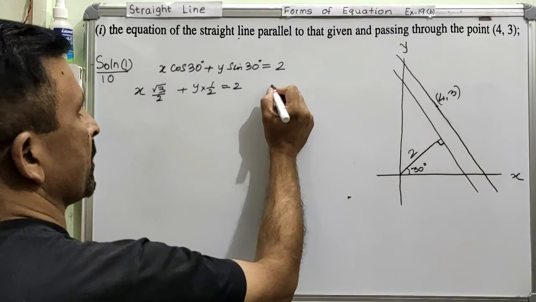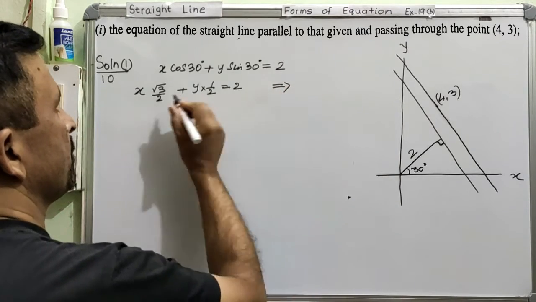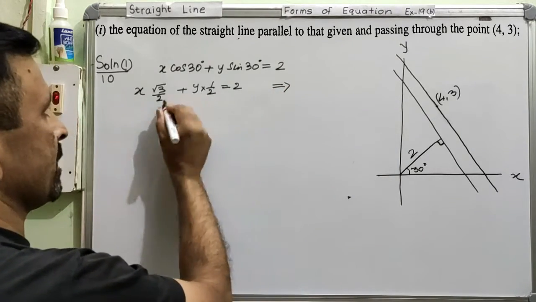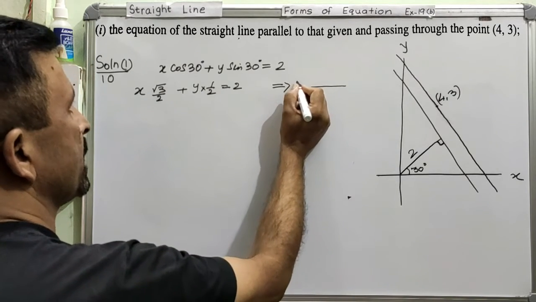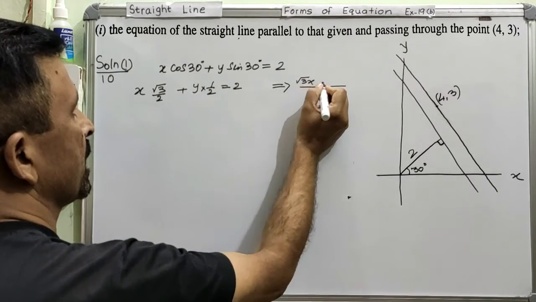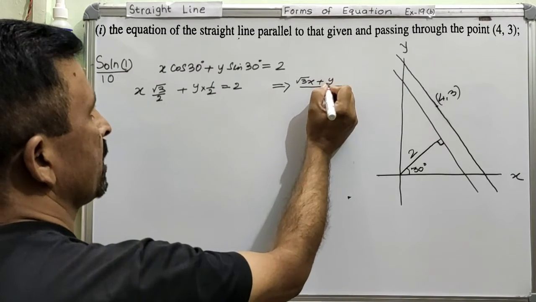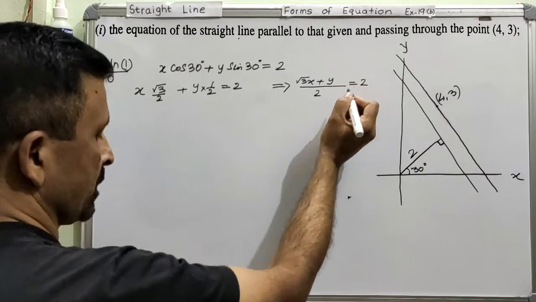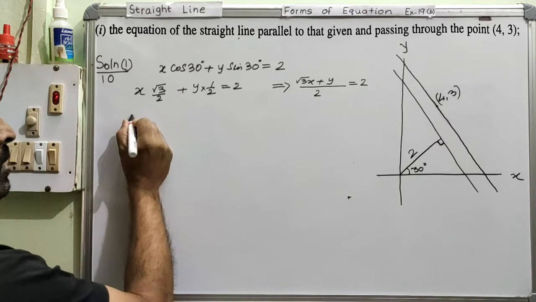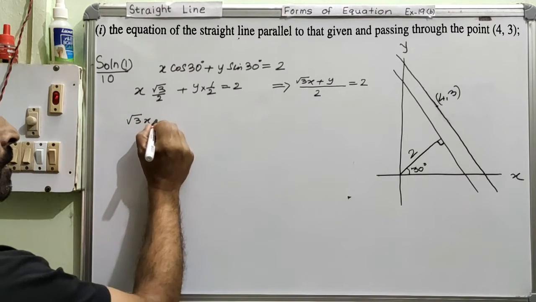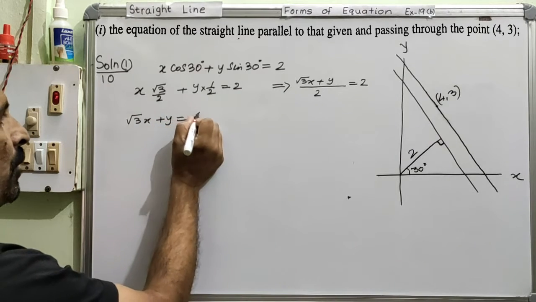Clear? Let us simplify. The LCM of these two will be 2. This is root 3x plus y is equal to 2. So this becomes finally root 3x plus y is equal to 4.